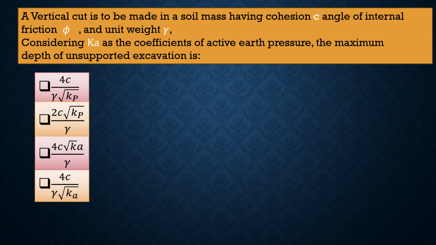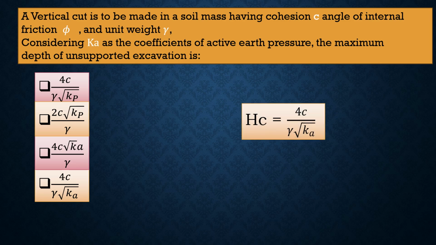Four options are given, and the last option is the formula for the maximum depth of unsupported excavation. So the maximum depth of unsupported excavation HC is equal to 4C by gamma square root of K.